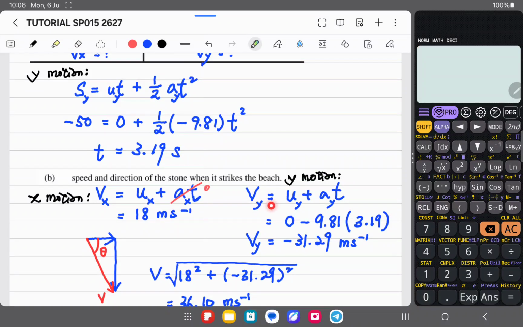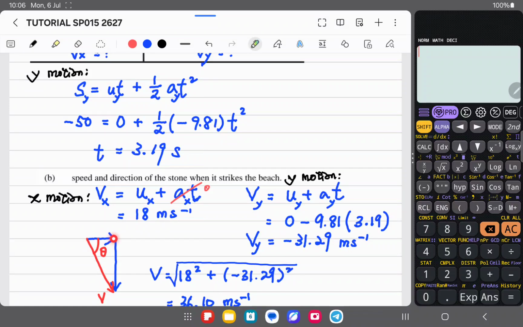For the y motion, we use the kinematic equation V is u plus at, where uy is 0 and ay, the acceleration along the y axis, is negative 9.81. The time taken is already calculated from question A, 3.19. Solving it, the final velocity along the y direction will be negative 31.29 meters per second.